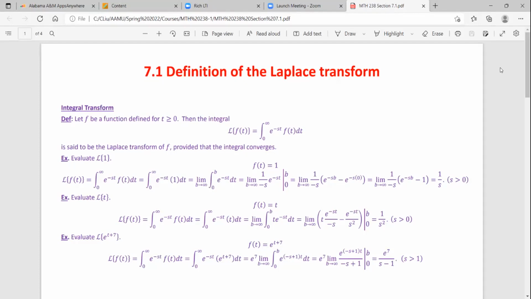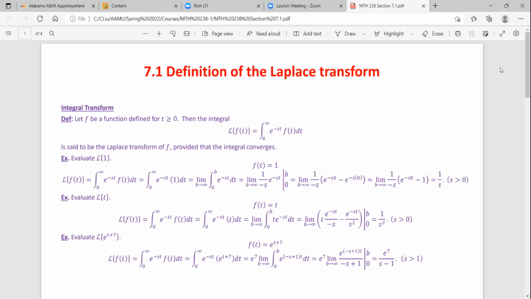In other words, e to the negative sb will approach 0 when s is greater than 0. So s is positive, and when b approaches infinity you get a very large number in the exponent, but it's negative. So the exponential of that with base e is just 0. The limit is 0.